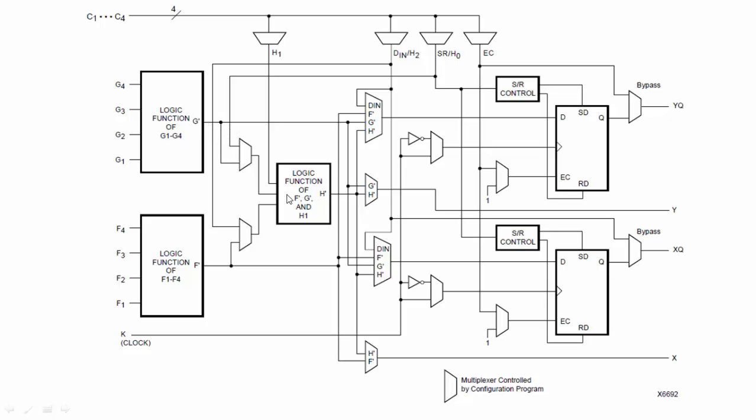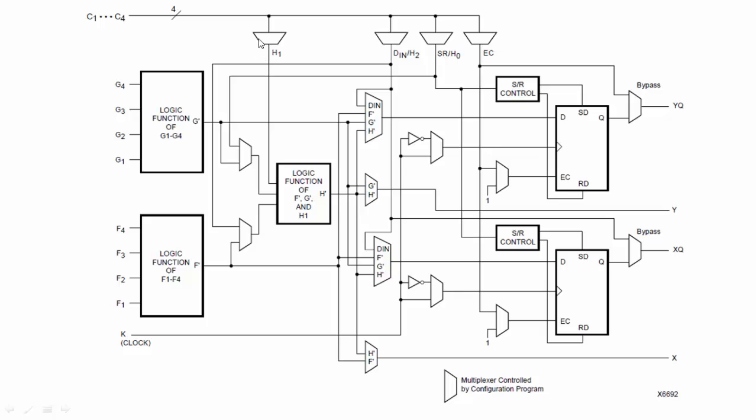That is, the input of this function generator may depend on the output of the function generator G. That's why it is partially independent. But there is also a provision that you can make it fully independent, because here are the C1 to C4 lines. Now these lines are independently coming from your input output block or from any other CLB, right? And these are available here.